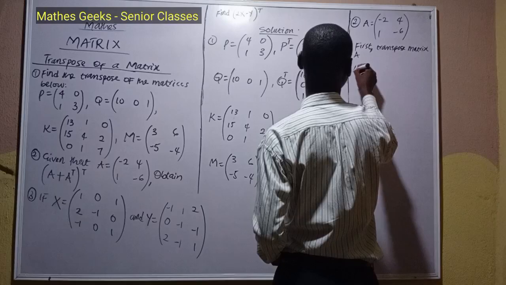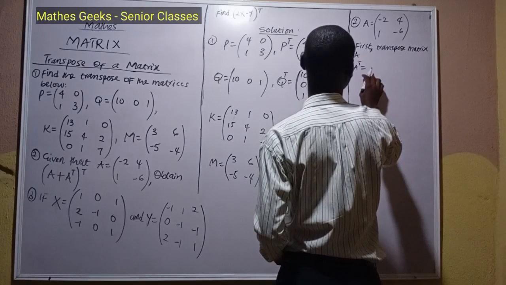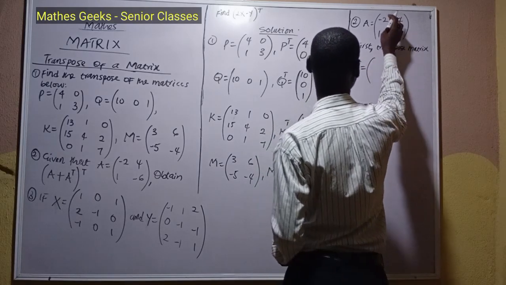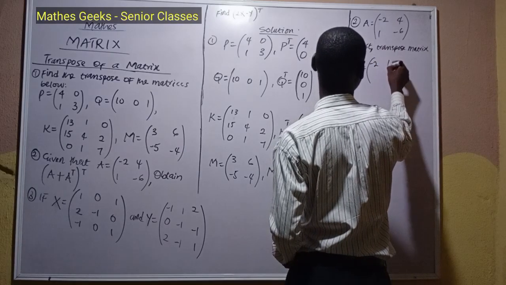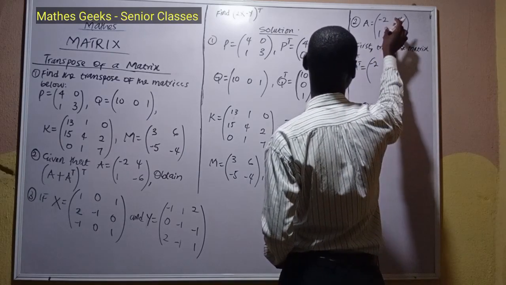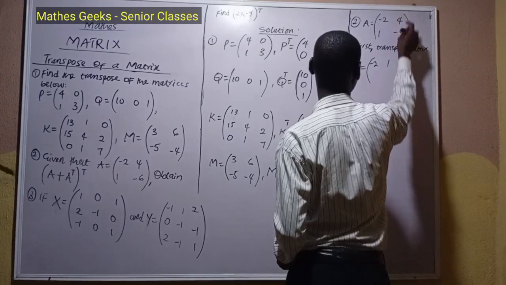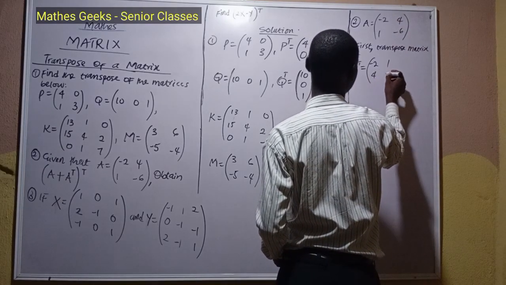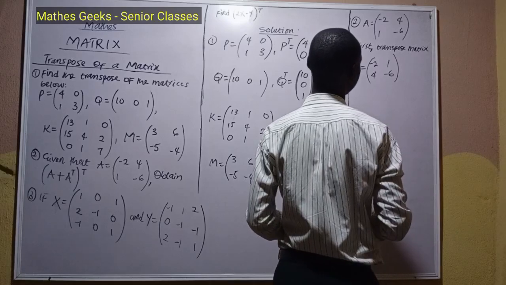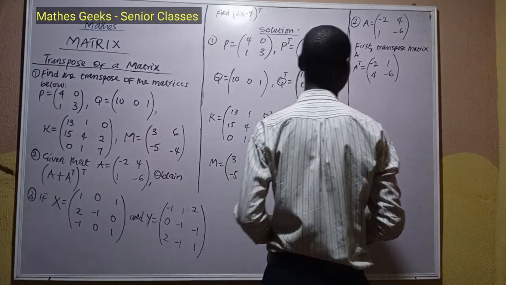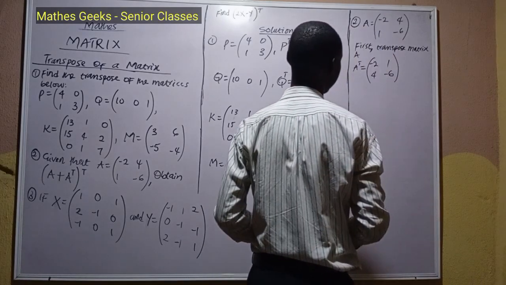So E transpose is equal to, write this column as row. We're going to have -2, 1, and we'll write this column as row. We have 4, -6. That's the transpose matrix.